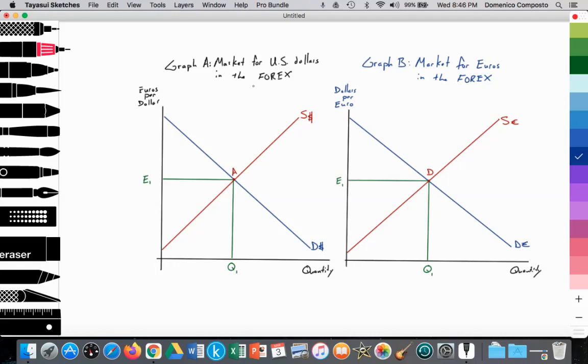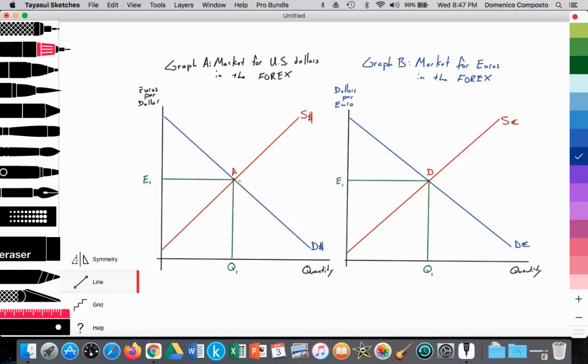So you're looking at data of the United States, and you see that the United States is becoming strong. Unemployment's going down, GDP is rising, and perhaps you want to start to invest in buying dollars because that data should lead to an increase in demand for US dollars among other investors. So let's go ahead and illustrate that. Right?